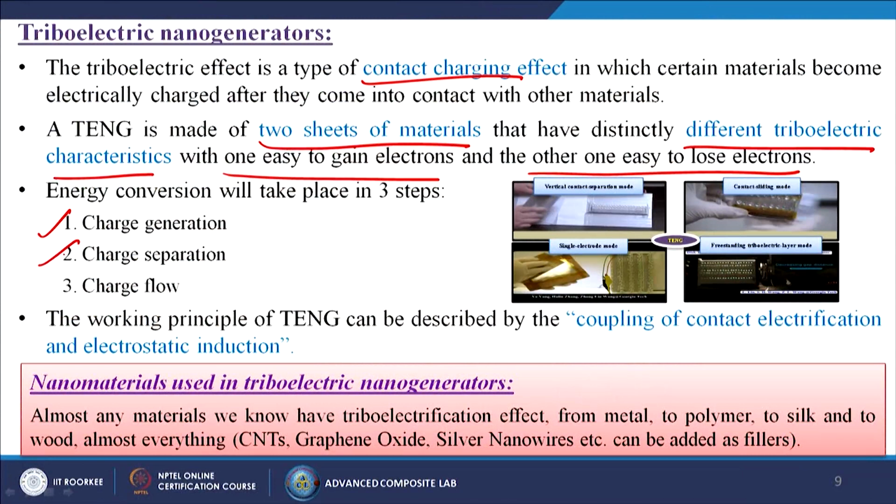Basically these three. The working principle of TENG can be described by the coupling of contact electrification and electrostatic induction. What kind of materials are we using nowadays? Almost any material we know has the triboelectrification effect, from metal to polymer to silk and wood. Almost everything, like carbon nanotubes, graphene oxides, silver nanowires, etc., can be added as filler materials. Simply, we are trying to increase the efficiency.